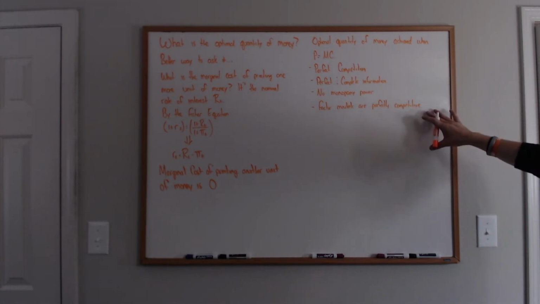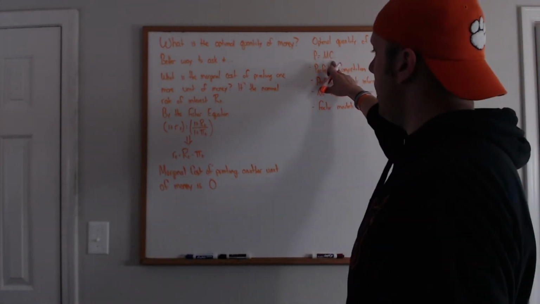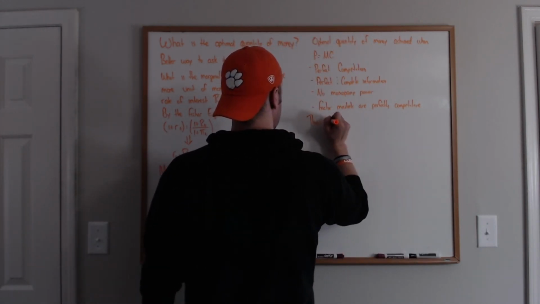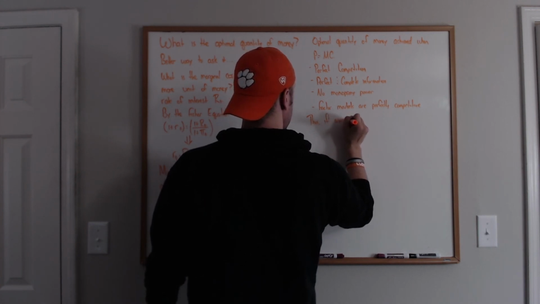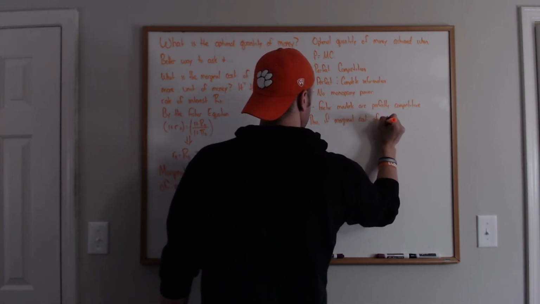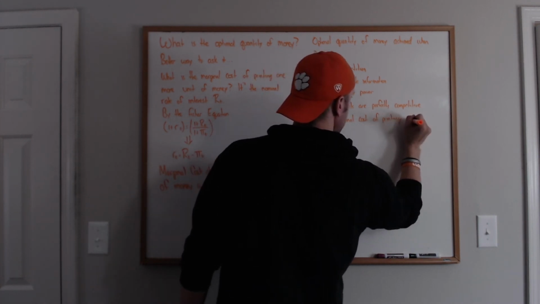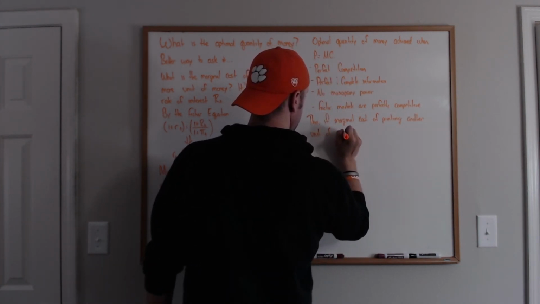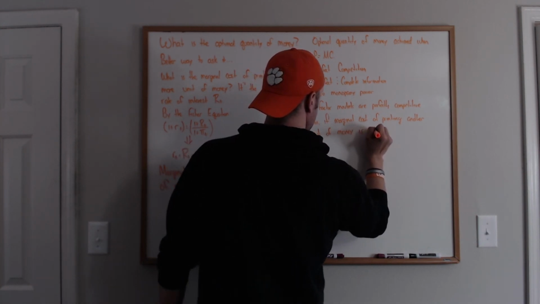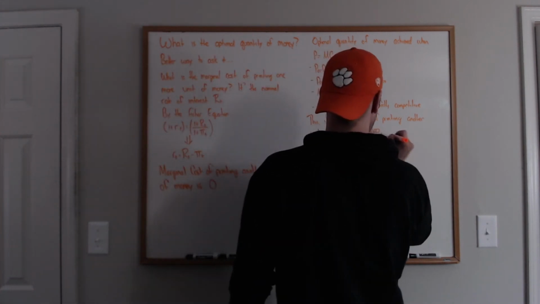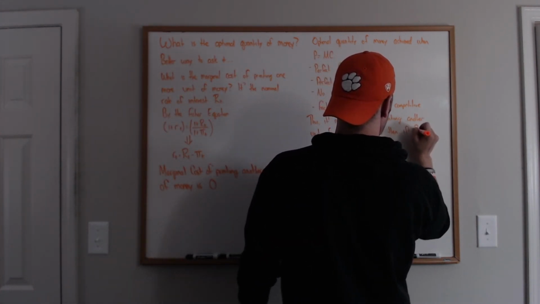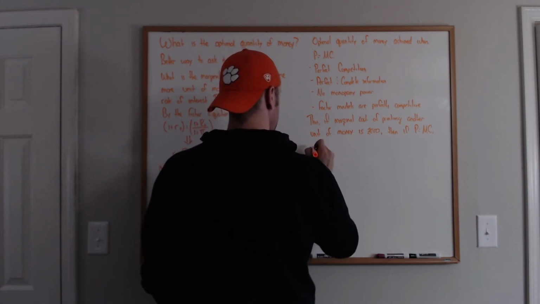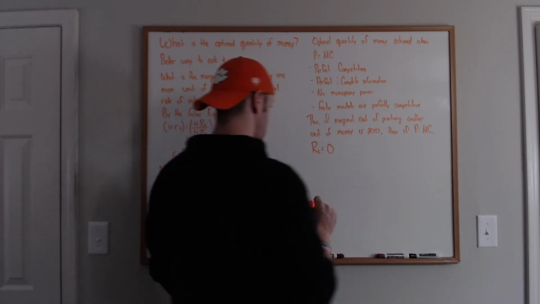With these assumptions being satisfied, where price is equal to marginal cost, if the marginal cost of printing another unit of money is 0, then if price equals marginal cost, the marginal cost of printing money is 0, that implies that the nominal rate of interest should be equal to 0.